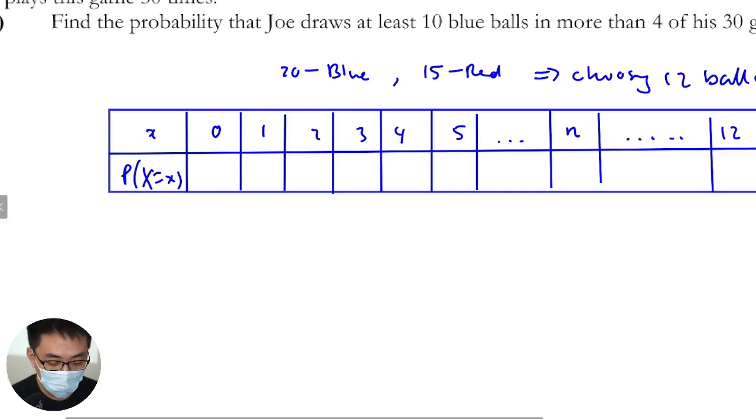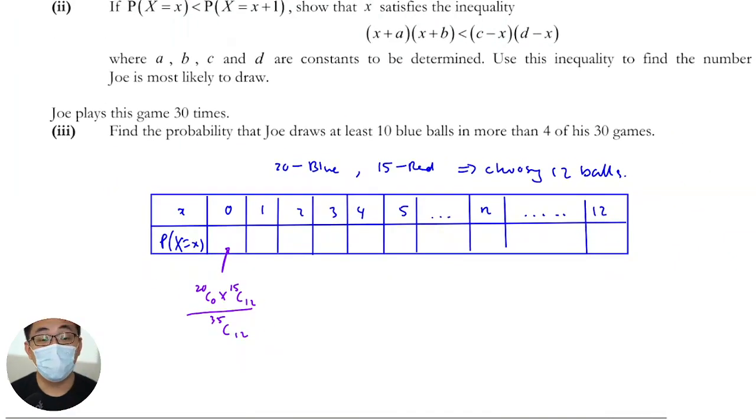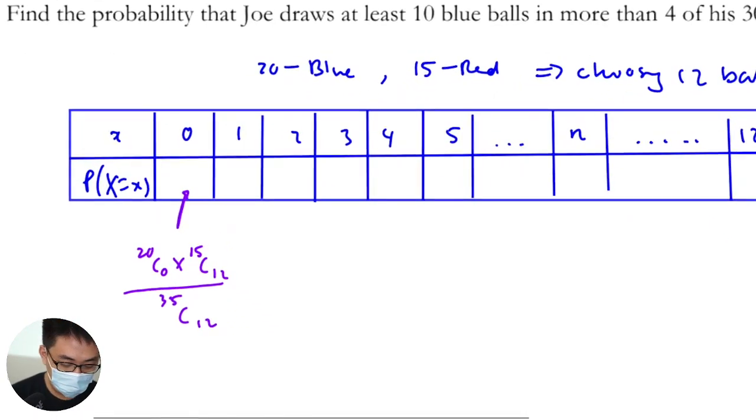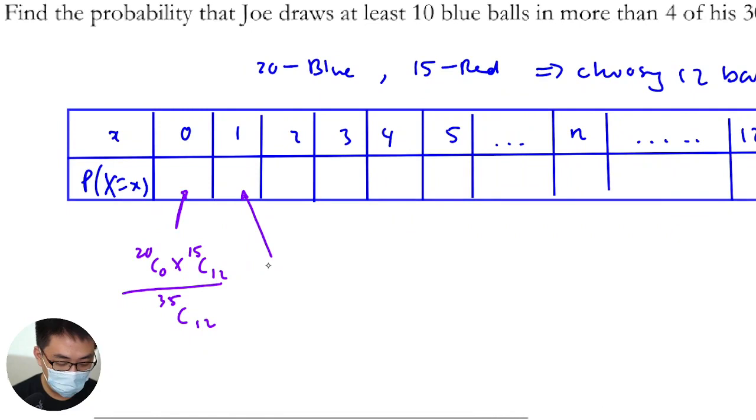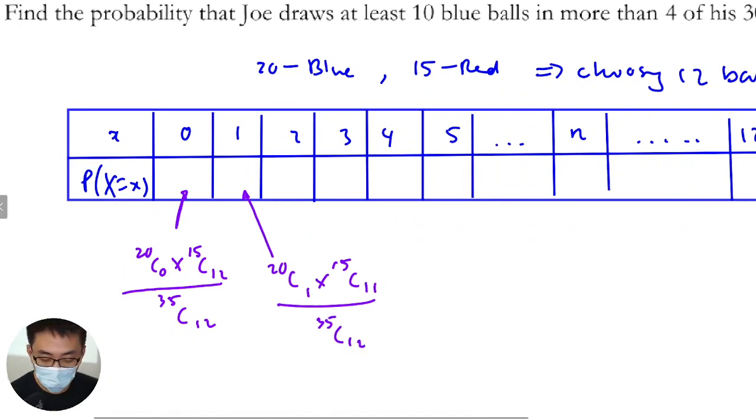For 0 blue balls, this will be 20 choose 0 times 15 choose 12, over 35 choose 12. Then 20 choose 1 times 15 choose 11 over 35 choose 12.